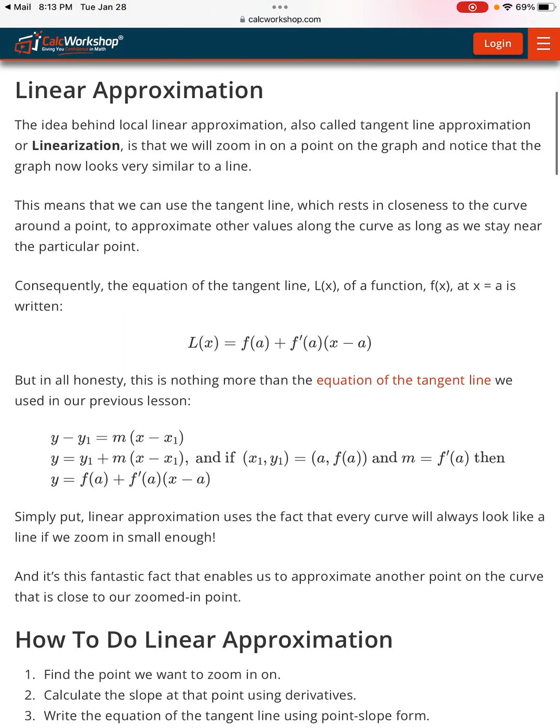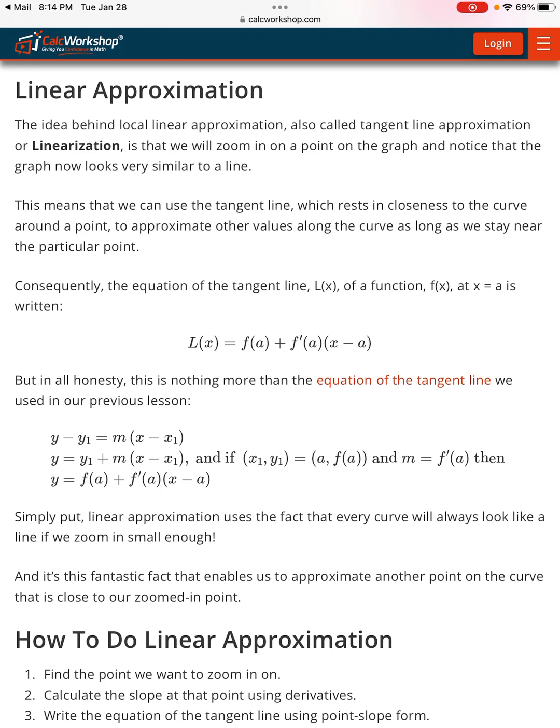Okay. So let's read this together. What I want you to do is listen to how I explain it and how they explain it. Now that you had a lesson from me and you did some homework, maybe this will make a little more sense. But the idea behind linear approximation, and sometimes it's also called tangent line approximation or linearization, is that we will zoom in on a point on the graph and notice that the graph now looks very similar to a line.